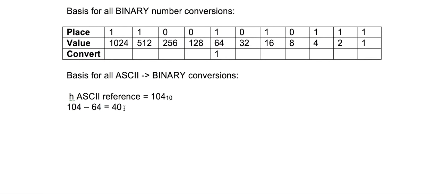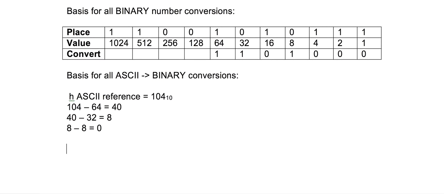So we're looking for the largest number that's less than or equal to 40, and of course that's 32. So now 40 minus 32, we've now got 8, so we're trying to find 8. The next largest value that's less than or equal to 8 is of course 8 itself. Now we need to fill the remainder of these columns with 0, just so we can have everything line up in terms of its place value. 8 minus 8 equals 0.